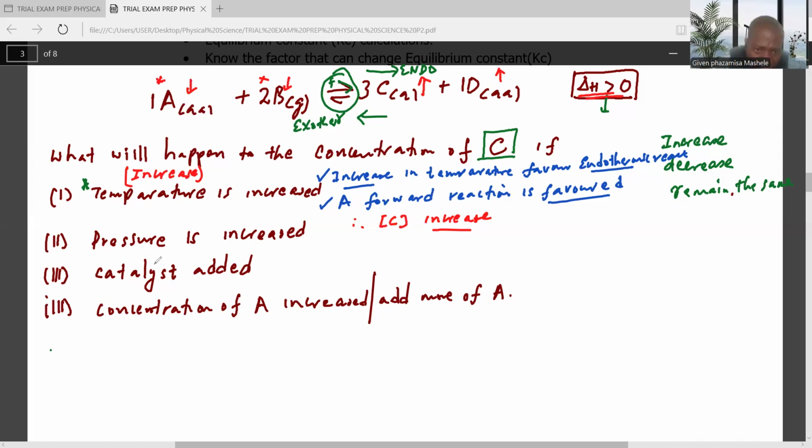How about pressure? What do they say about pressure according to Le Chatelier's principle? Number one, if you're increasing pressure, you favor the side that has fewer number of moles.